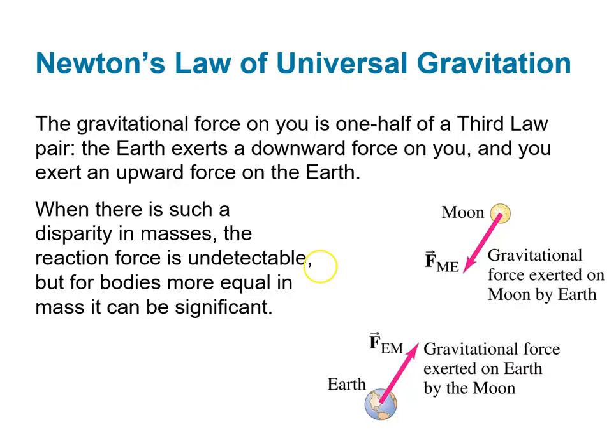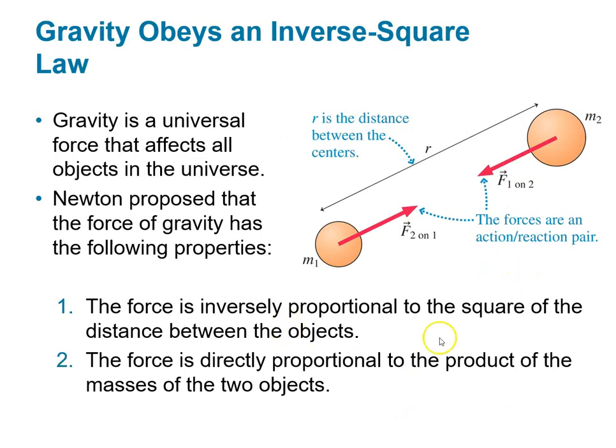But as this diagram shows, the force of the Earth on the moon is equal and opposite to the force of the moon on the Earth. So that's why it's universal gravitation, because gravity is a universal force that affects everything.